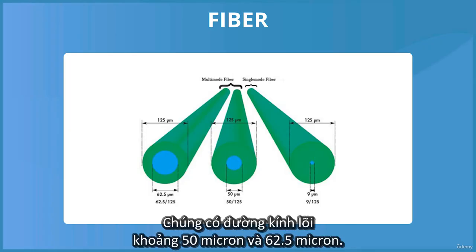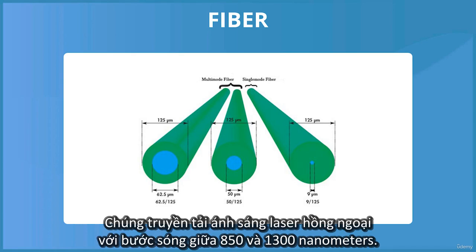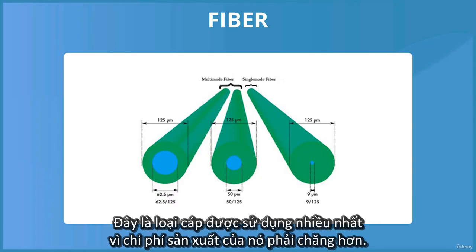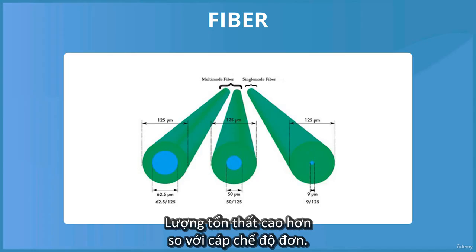They have a core diameter of about 50 microns and 62.5 microns. They transmit infrared laser light with a wavelength between 850 and 1300 nanometers as the optimum value. It is the most used cable type because its production cost is more affordable. The amount of loss is higher than single-mode cables.